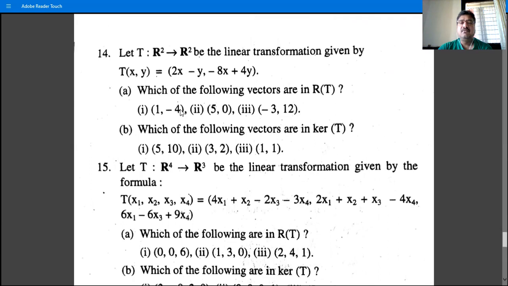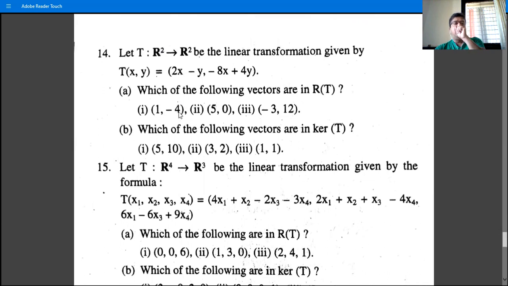The vector (1, -4) belongs to the range of T if it has a pre-image, that is, there exists some element (a, b) in R2 such that T of (a, b) is equal to (1, -4).